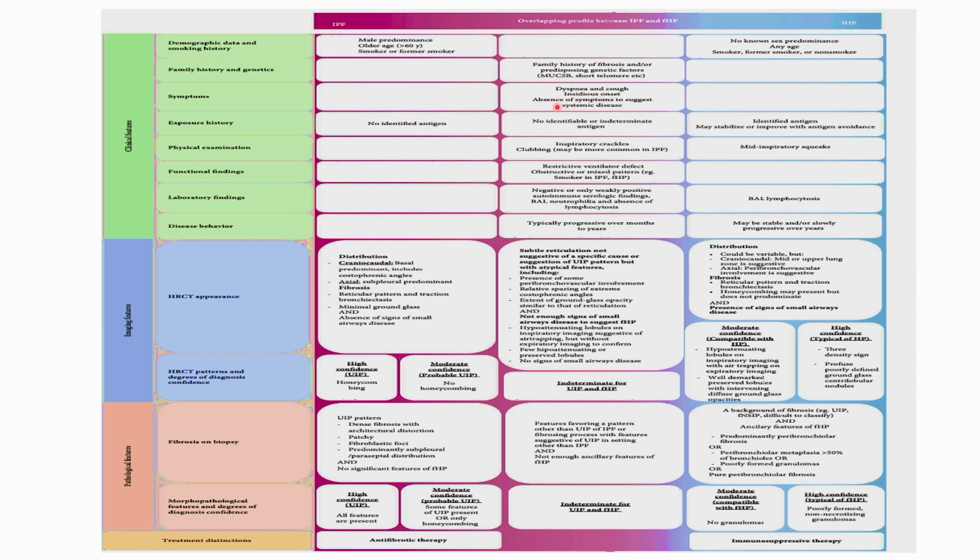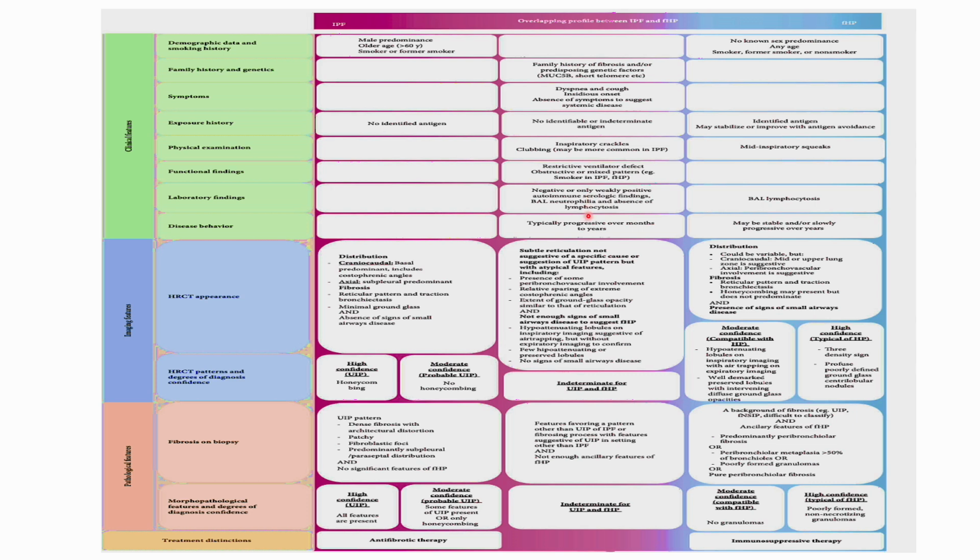Patients may have dyspnea and cough, and there will usually be no identifiable antigen, whether we are talking about IPF or HP, in both the scenarios. Both the scenarios will have restrictive ventilatory defect. Sometimes you may have a mixed pattern, like if it's a smoker or there's small airway disease involvement.